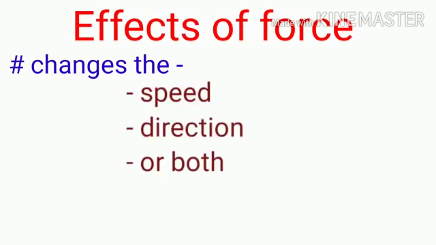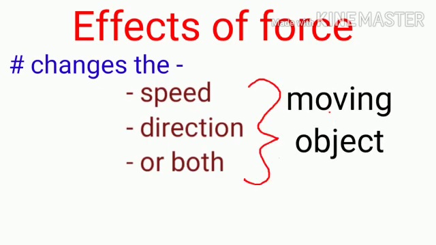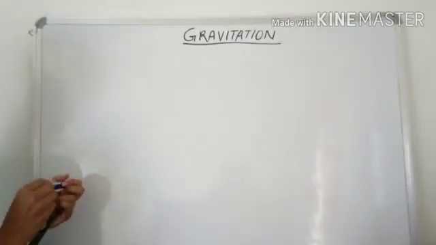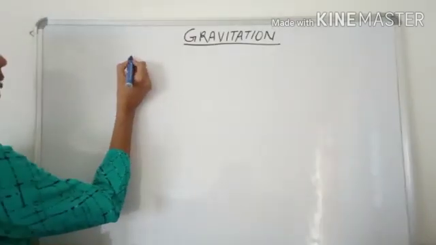Force changes the speed, direction or both of a moving object, or it also changes the shape or size of an object. One more thing that is known is circular motion. Do you remember what circular motion is?